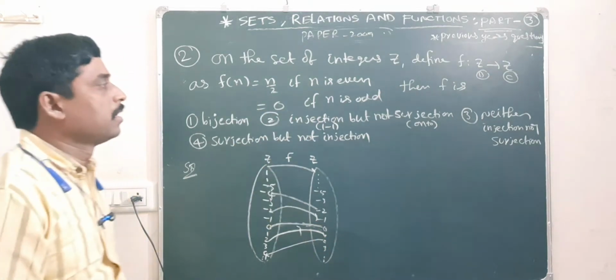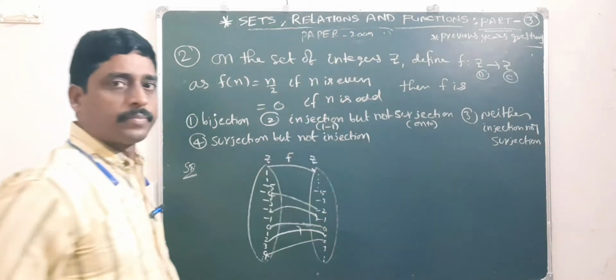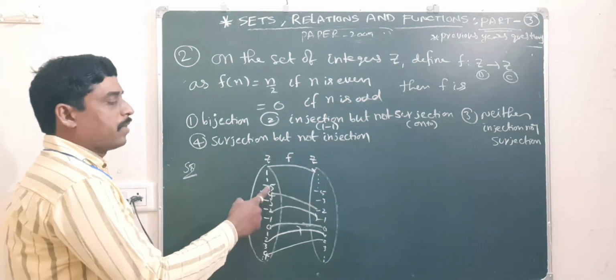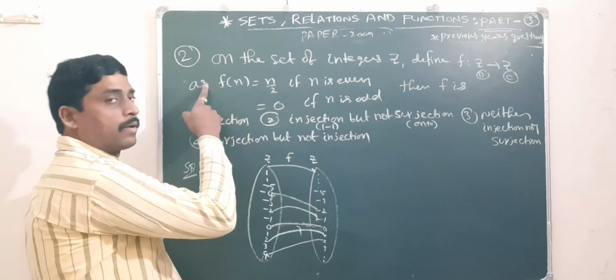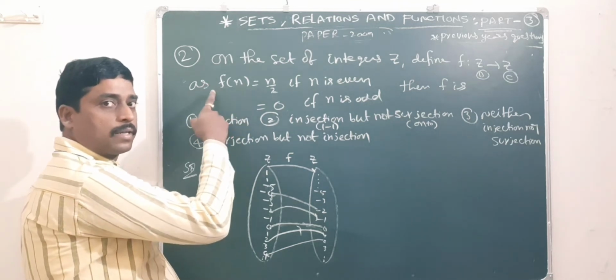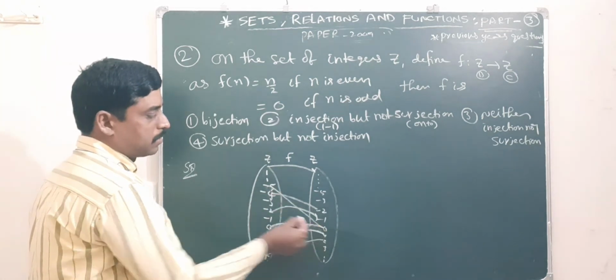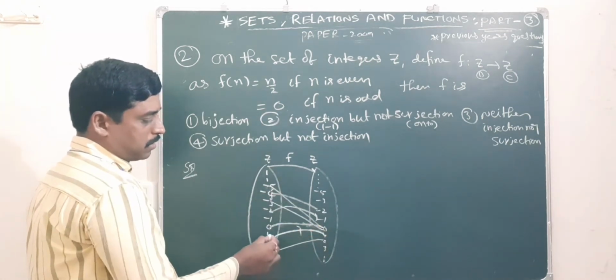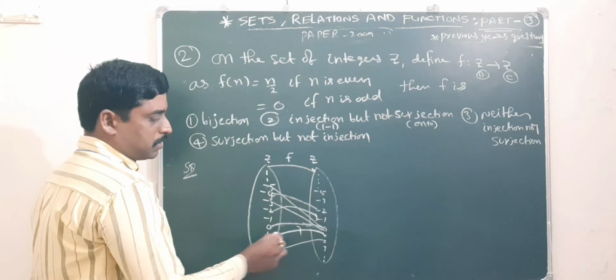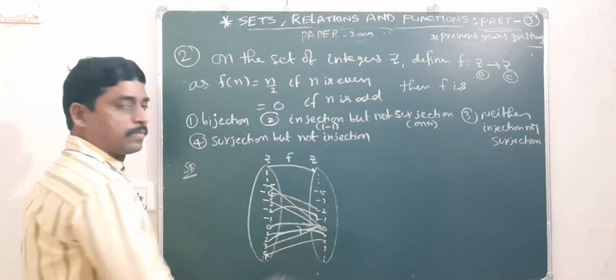Okay, clear. If n is an odd number, like minus 5, f of any odd number, the result will be 0. So minus 5 to 0, minus 3 to 0, 1 to 0, and 3 to 0.